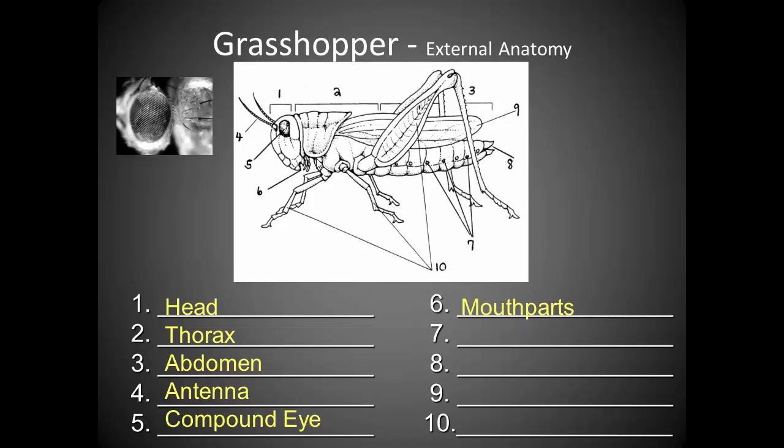Back here on the abdomen, number 7 shows these little holes in the abdomen of a grasshopper. They're called the spiracles. Can you guess what they do? Sophia? Brendan? Yeah, they're for breathing.